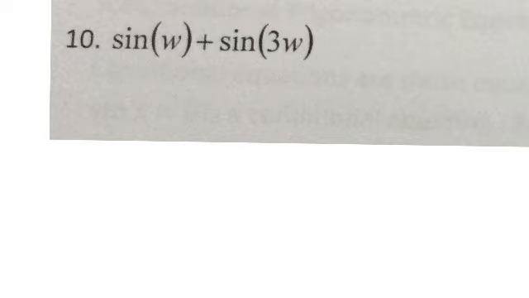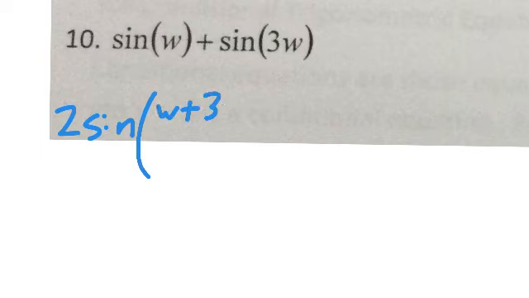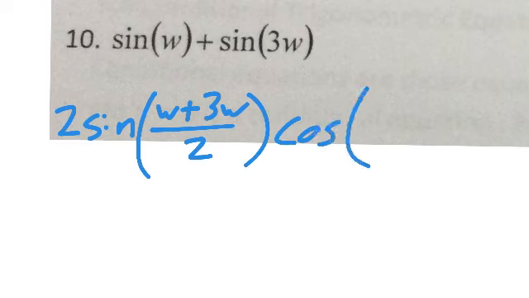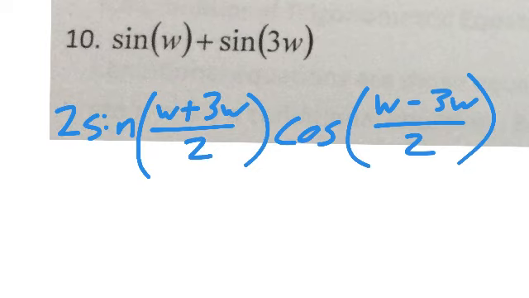Okay, look in here. I've got sine of w plus sine of 3w. So that would be the first sum to product identity. So that can be rewritten as 2 sine of x plus y over 2 times cosine of x minus y over 2.